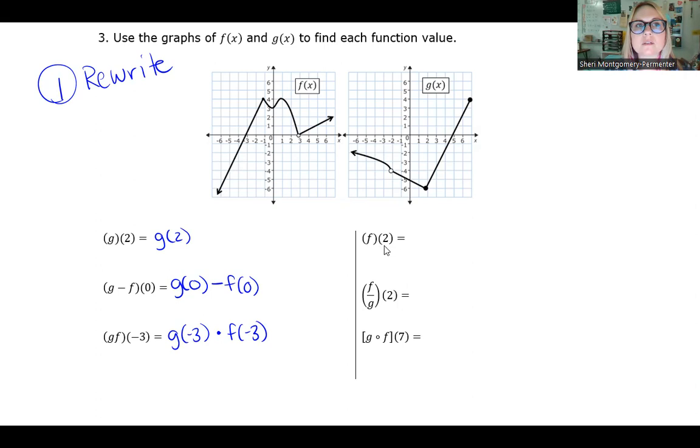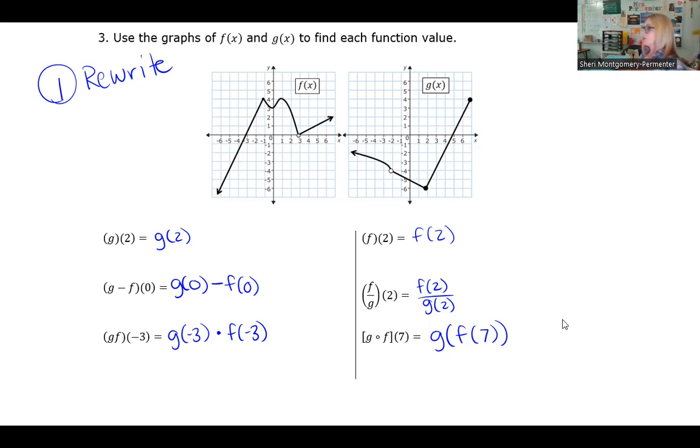What's this one going to be? Very good, f of 2. What operation is this? Divide. So we just have f of 2 divided by g of 2. First step, we've got to rewrite these. The next one, and how do we say this? g of f of 7.